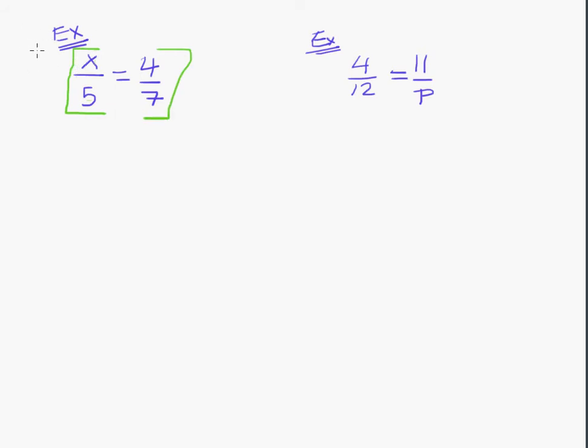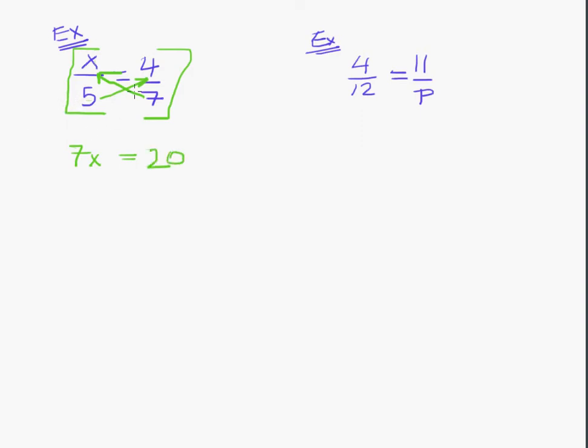So I'm going to multiply the 5 times the 4 and the 7 times the x. And what I get is 7x equal to 20.